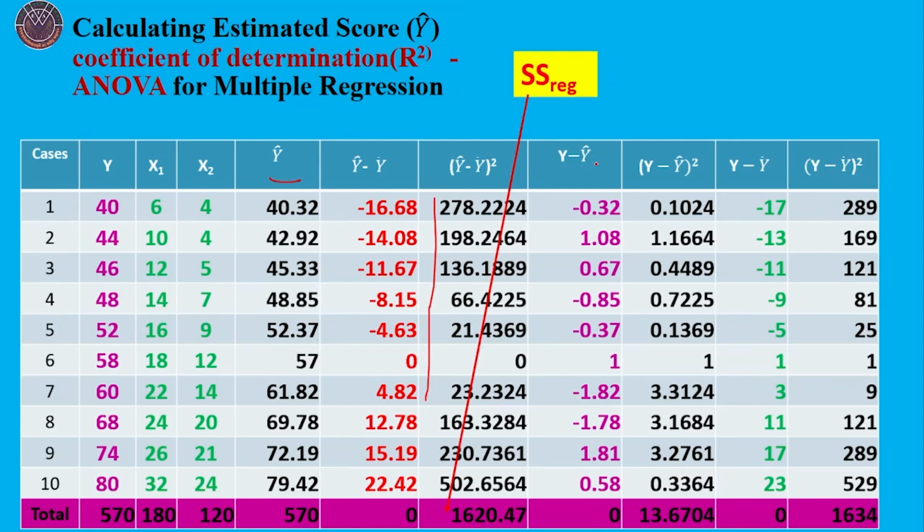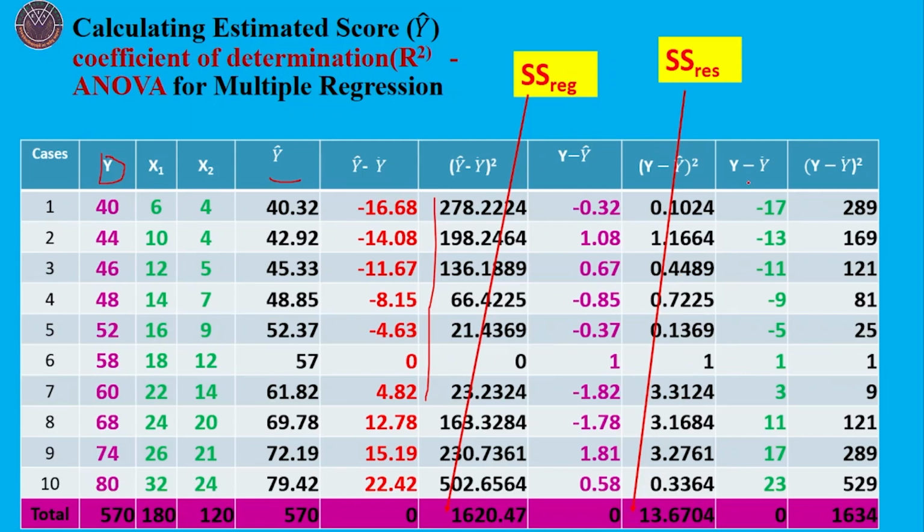In the next column, you have the residual value, which is calculated from the observed value of y minus the predicted, estimated value of y. For each observation we get one residual value, and in the next column we square it so that we get the residual sum of square. The residual sum of square value is 13.670.